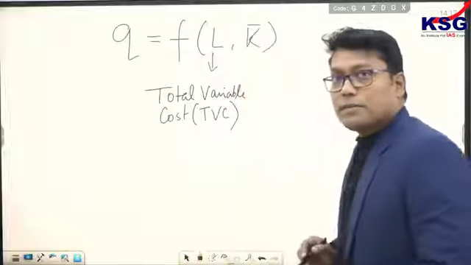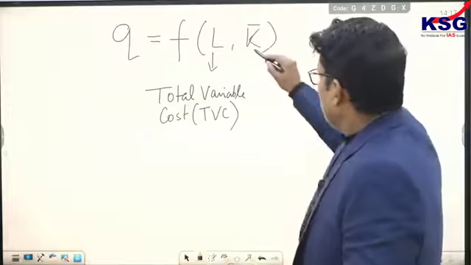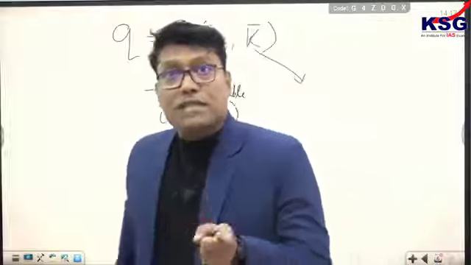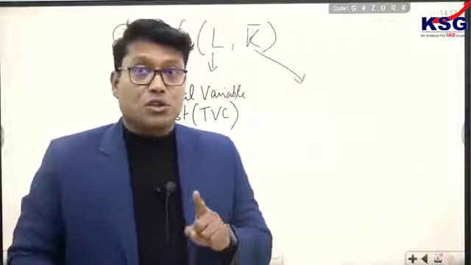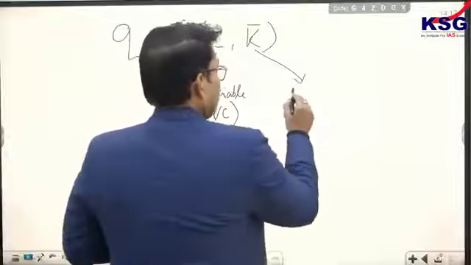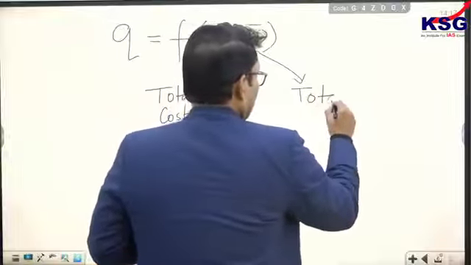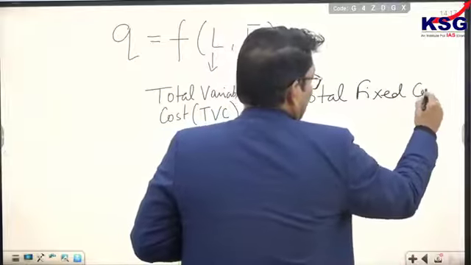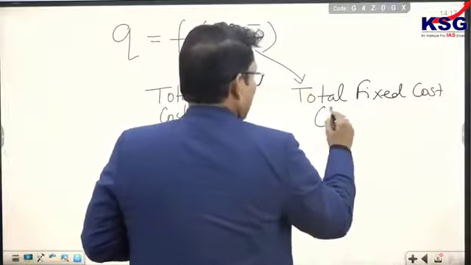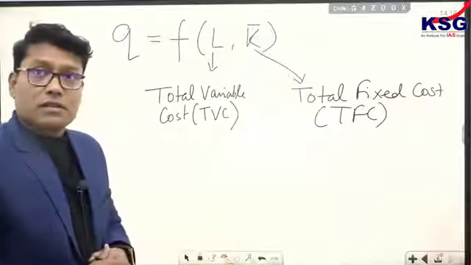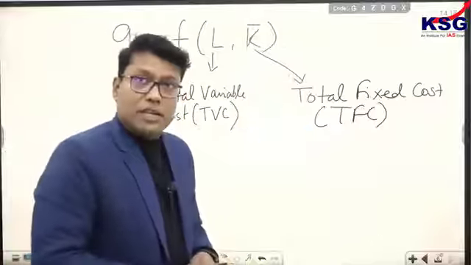And the total cost incurred on fixed inputs or fixed factor is known as total fixed cost, TFC. So TFC is the total fixed cost and TVC is the total variable cost.